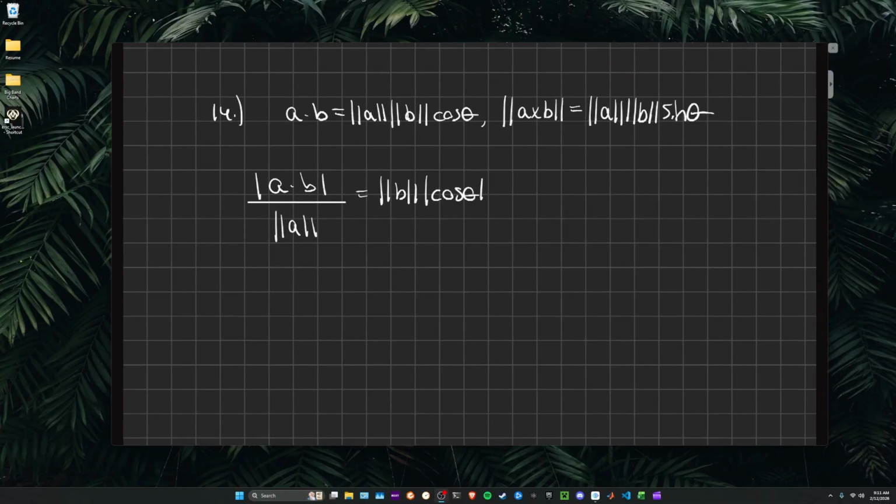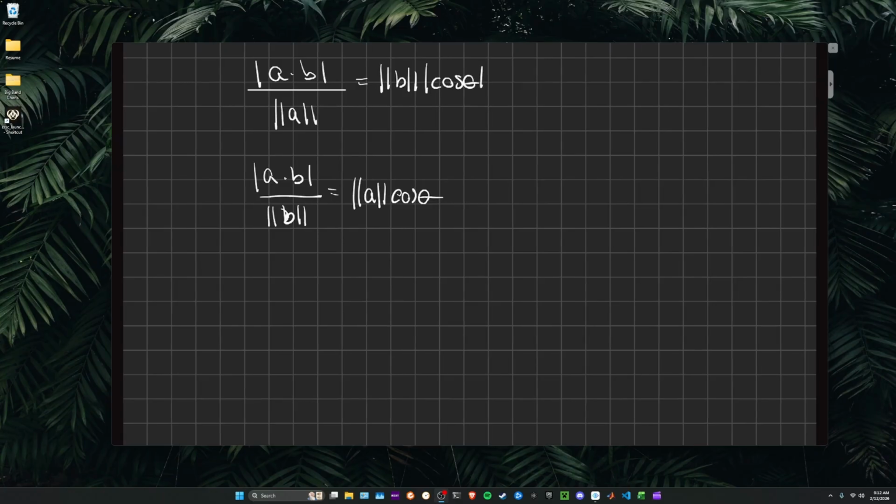And then I want us to look at A dot B divided by the norm of B this time instead of A. So this would be norm of A cosine theta. And this would be just the opposite of what I just said. This would be the magnitude of the component of A along B rather than B along A.